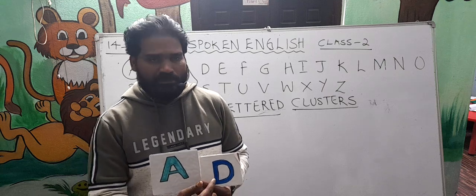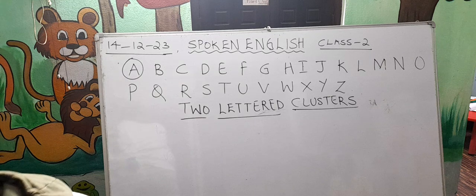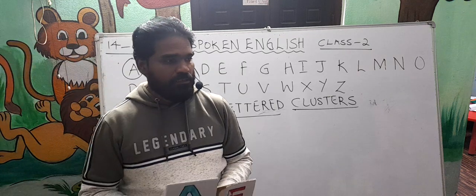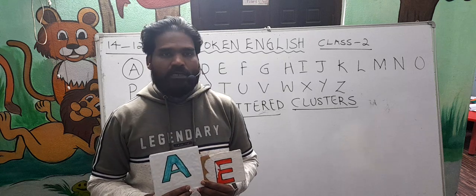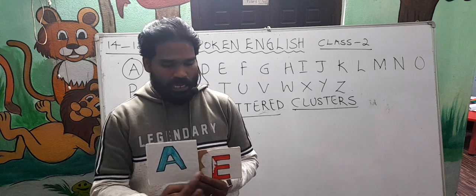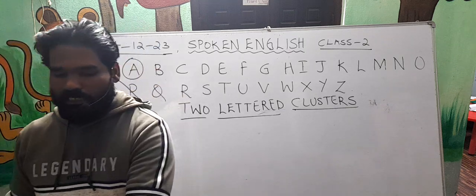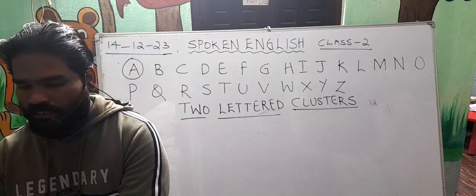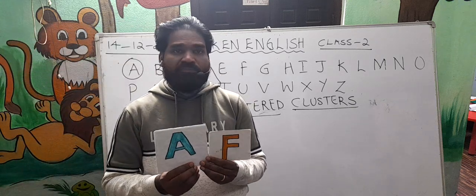AD, add. Likewise, if you pick up the next letter, that is E, AE. And you know what comes after E, right? The next letter that comes after E is nothing but F, right? So here is F, AF.